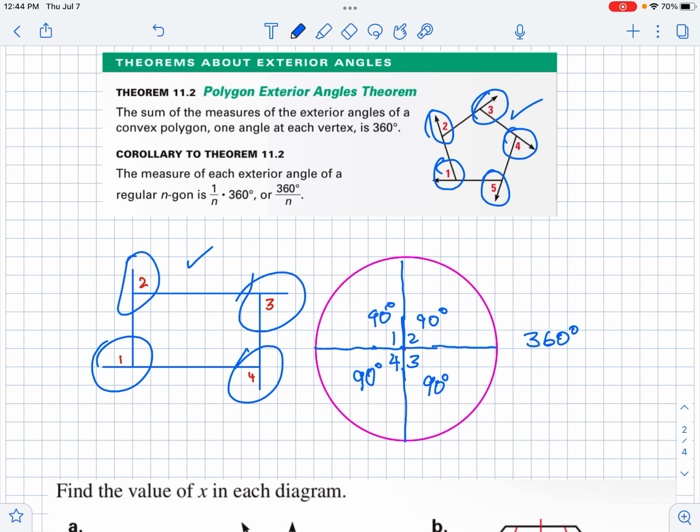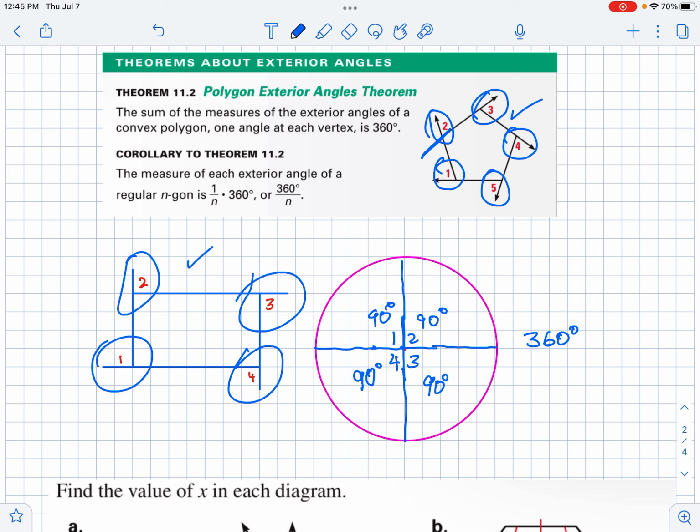So here's the thing. The sum of the measures of the exterior angles of a convex polygon is going to be 360. And we're talking about one angle at each vertex. In other words, you could get another angle down here, extending this way. When you get these exterior angles, you get a couple of them, but we're picking one for each vertex.